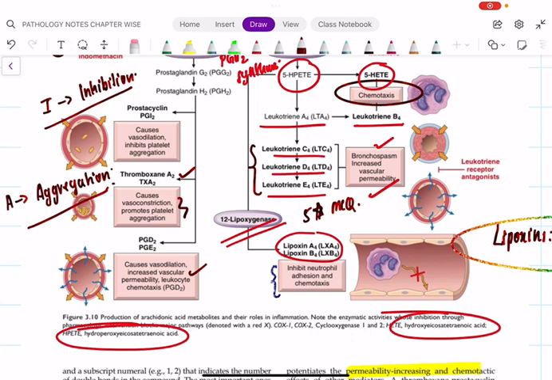Option B, TXA2. Option C, serotonin. Option D, PGD2. Serotonin is not an arachidonic acid metabolite, but it is a vasoconstrictor, so we can rule it out. I2, I means inhibition, it inhibits platelet aggregation, that means vasodilation, ruled out. D2, E2 again cause vasodilation. So the answer is thromboxane A2. It is again a very, very important potential MCQ question.